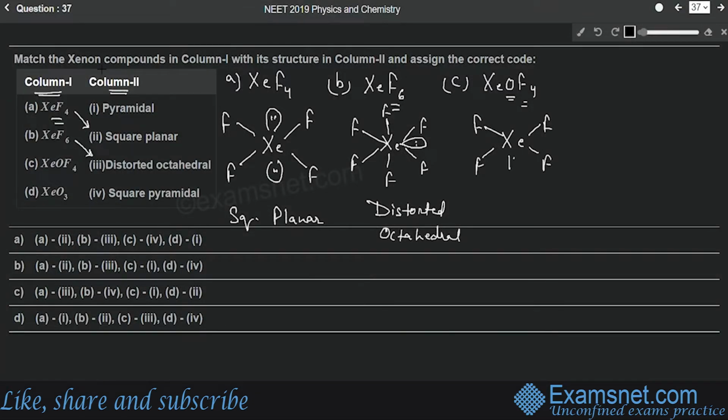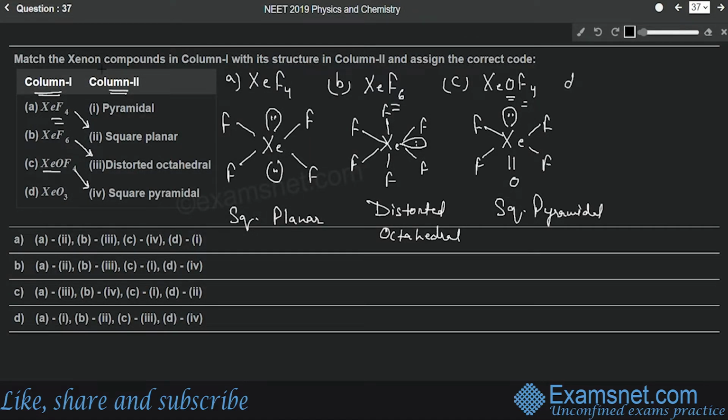So again 2 electrons involved in bonding with oxygen. So how many left? 2 electrons left now. Again these 2 remaining will be available as one lone pair of electron. Okay. So what kind of shape is this? This is square pyramidal. Okay. Square pyramidal. That means the correct match for C will be number 4.